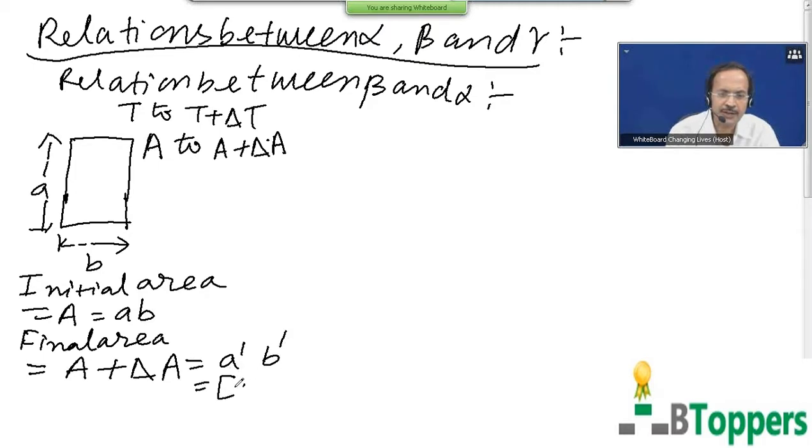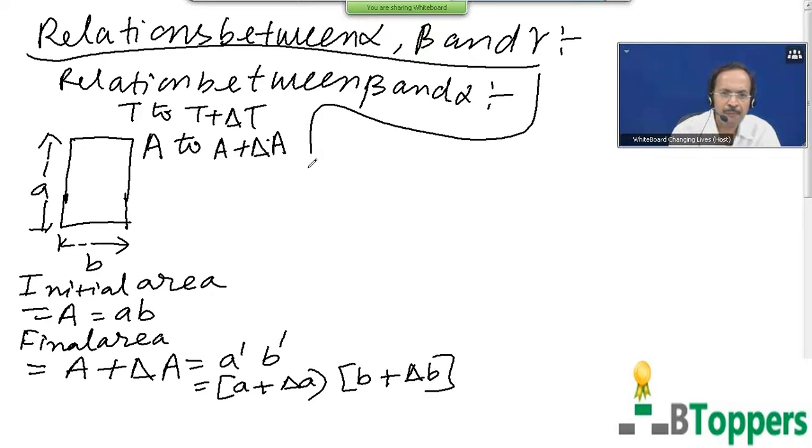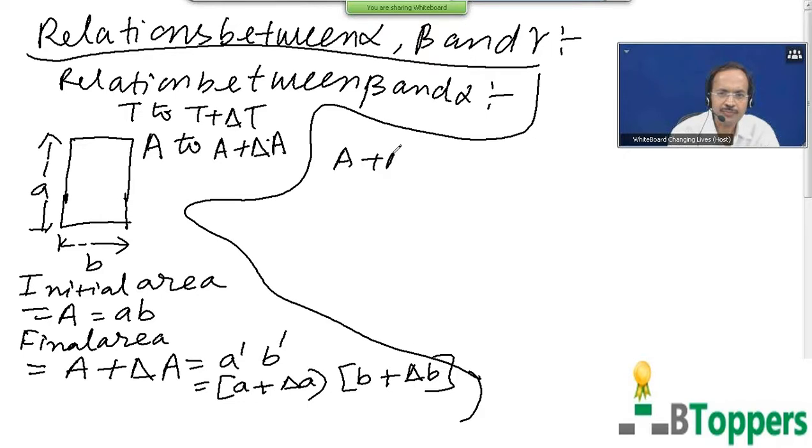So final length a dash, you can write original length a plus increase in the length, denoted by delta a. Final value of breadth b dash, you can write initial value of the breadth b plus increase in the breadth, delta b. So a plus delta a.